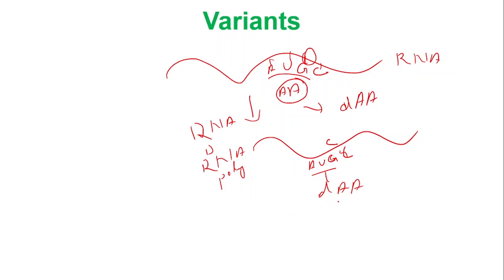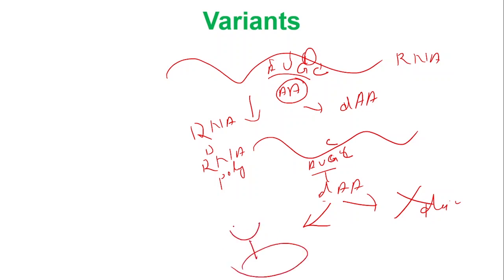Sometimes this replacement of codon will not help the virus, so the virus will die. Sometimes the change in amino acids will help the virus to bind to the receptor more tightly.